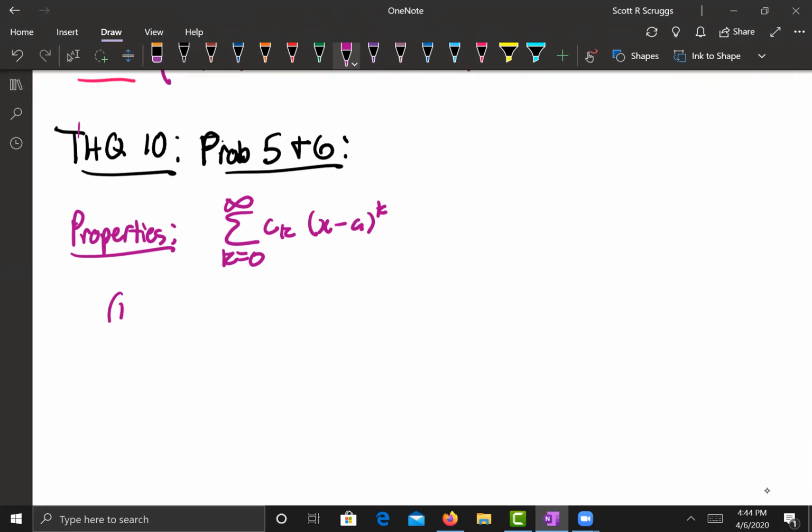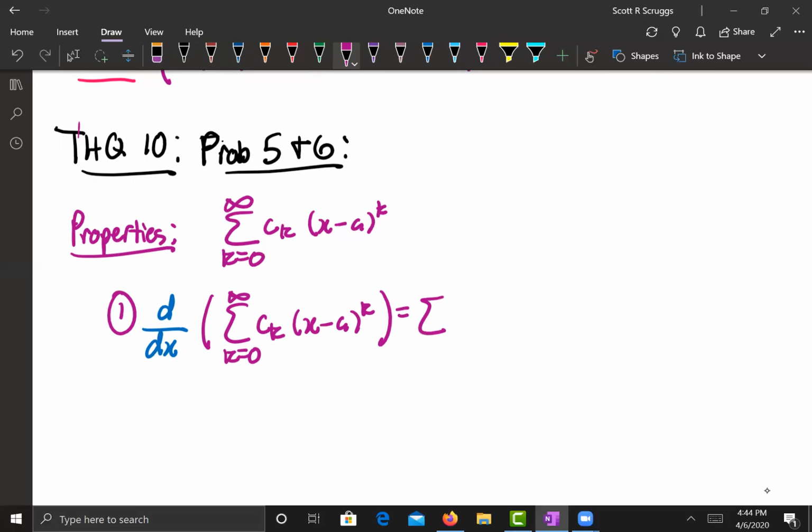The first property tells me that if I take the derivative of a power series, then we should do as we expect, which means I can move that derivative inside the power series and take the derivative term by term.